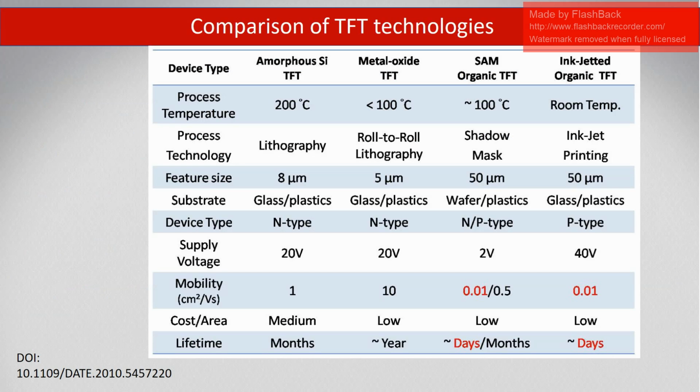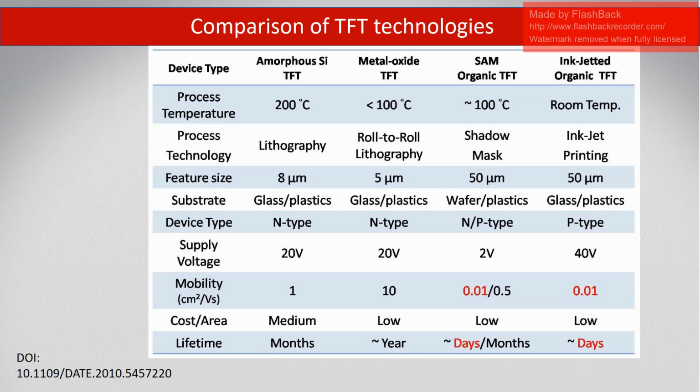So this is the comparison chart of how the various TFT technologies are used to make devices. We have the amorphous silicon TFT, metal oxide TFT, SAM organic TFT, and inkjet organic TFT. If you see the process temperature, the inkjet organic TFT is fabricated at room temperature, and it uses inkjet printing technology.